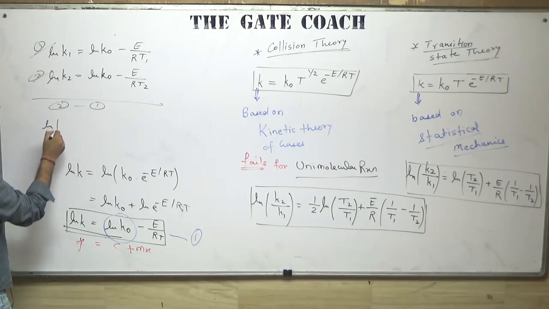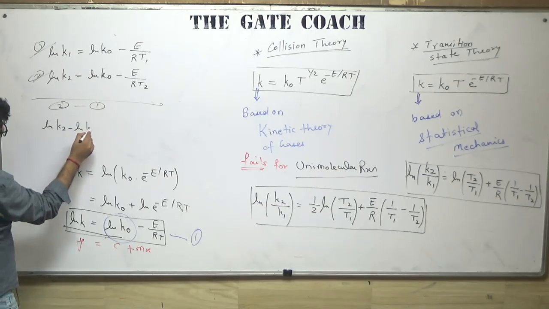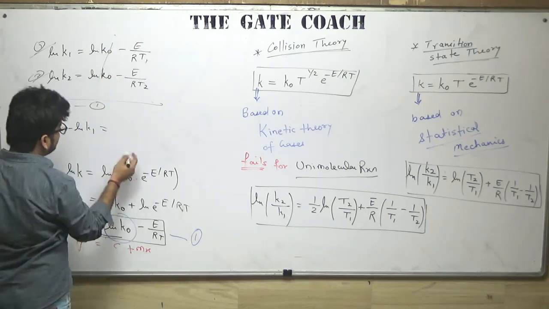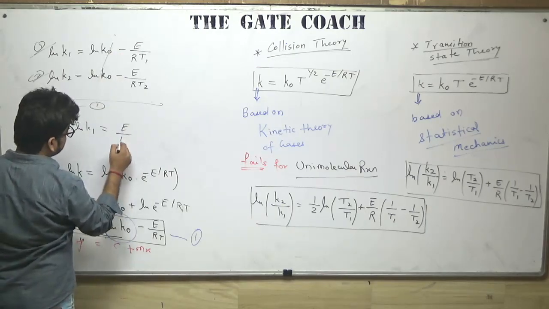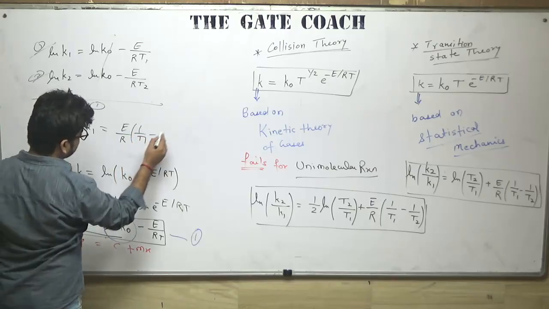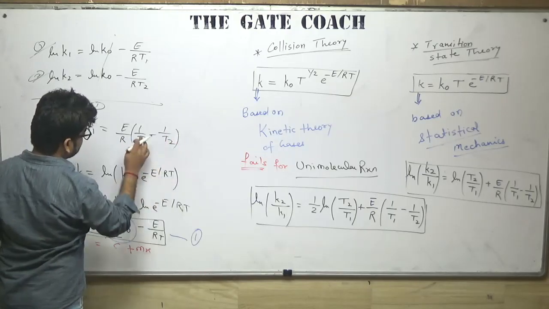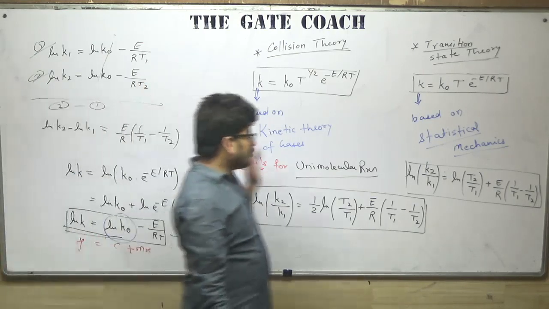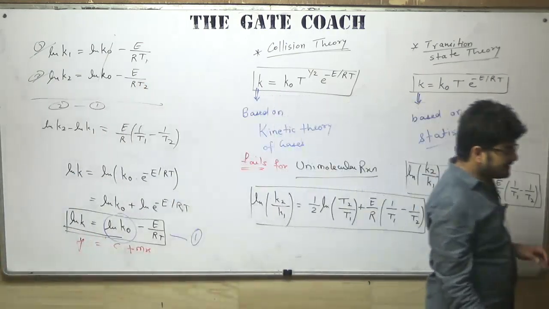You will get ln K2 minus ln K1. K naught is the same because it is independent of temperature, it will get cancelled and you will get this. Similarly guys, you can find out for collision theory and transition state theory.